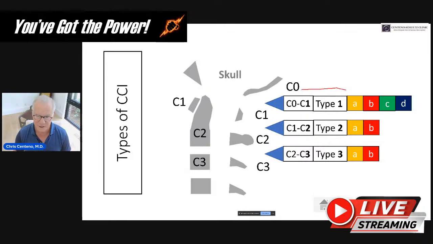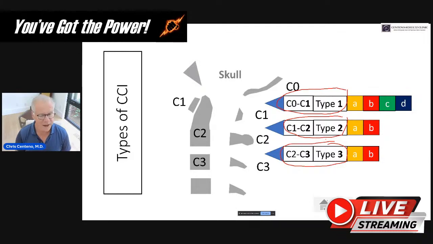Type 1 involves C0, C1. Type 2 involves C1, C2. Type 3 involves C2, C3. And each of those types focuses on a different target to be injected. So what we do is highly specific, both in the diagnosis and the treatment.